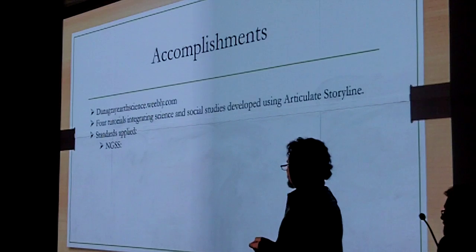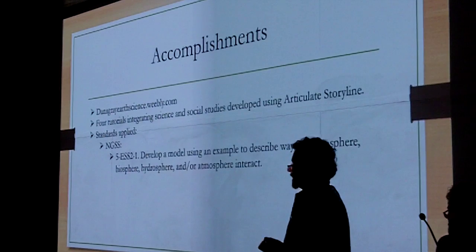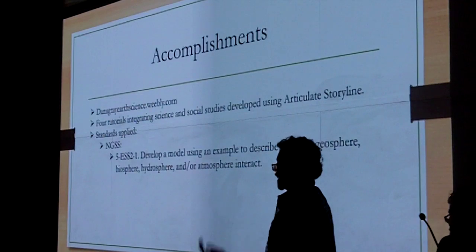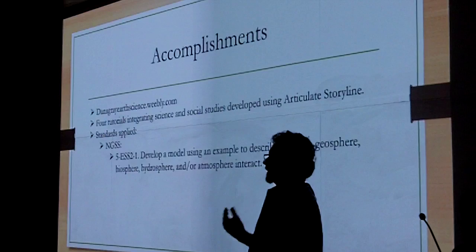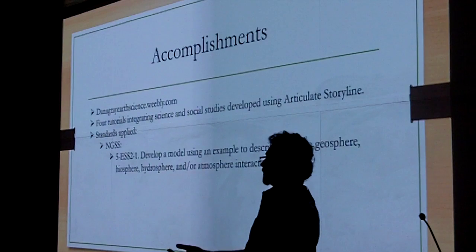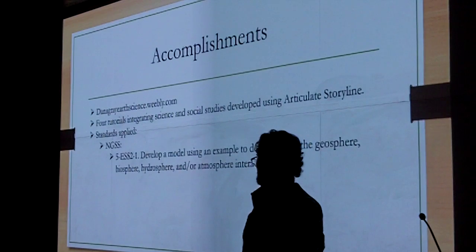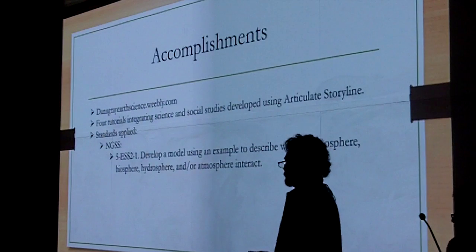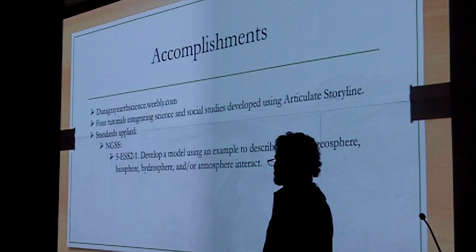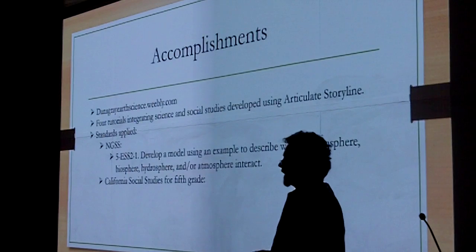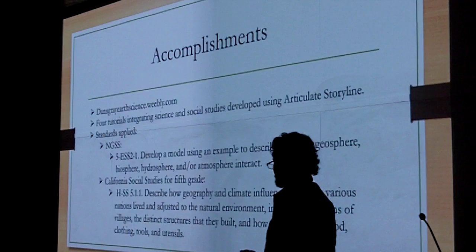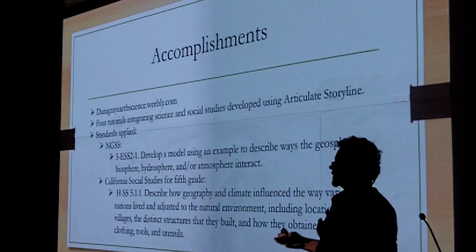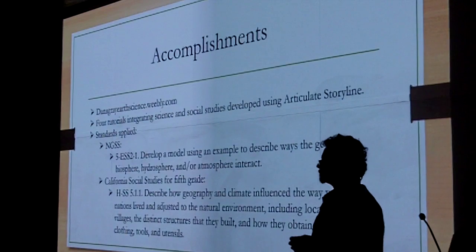I tried as best as I possibly could to use the Next Generation Science Standards for this, in keeping with the fact that we are in the process of adopting those standards. We're not giving up, but we're moving forward with regard to our science standards. So I figured that if I wanted to be contemporary, then the least I should do would be to use these standards. With that, I integrated the California Social Studies Standard, which I felt would dovetail well into the science curriculum that I was designing.